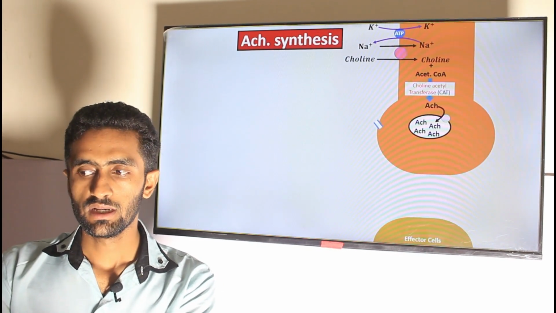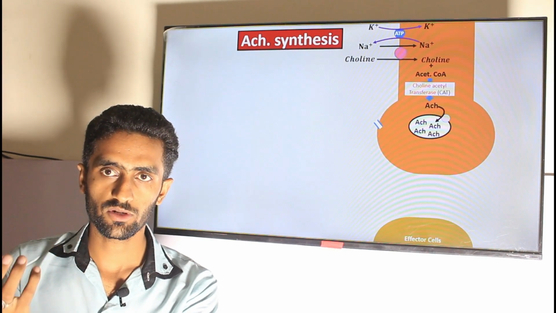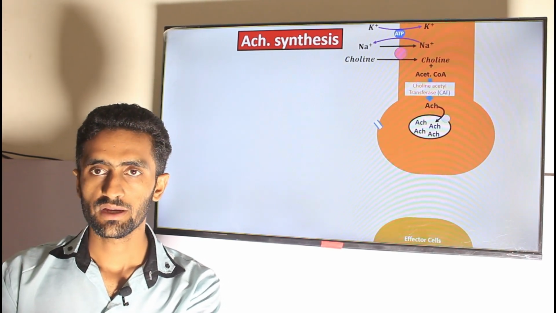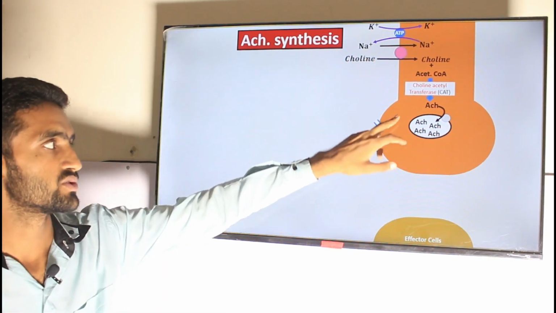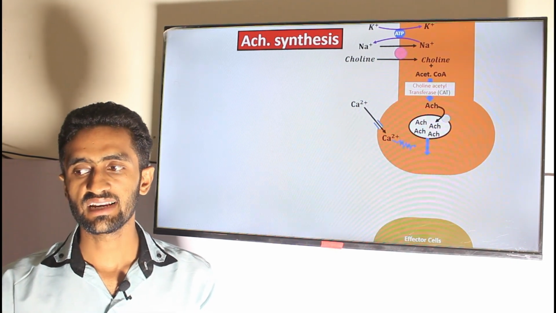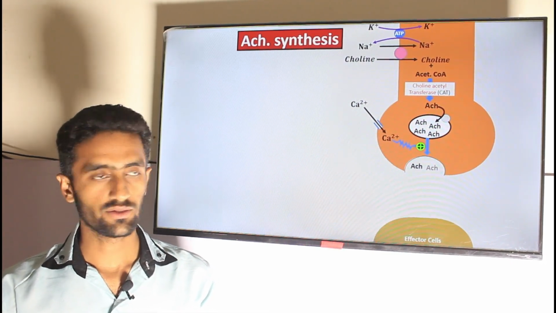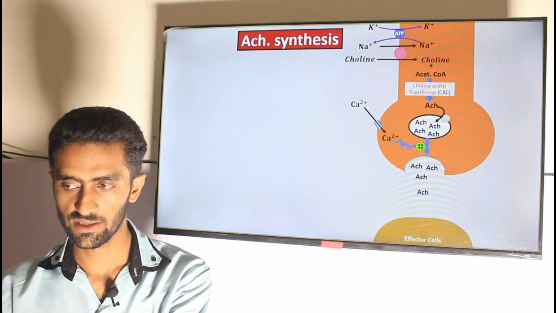Now, as neurotransmission comes, meaning depolarization happens, for example you have sent the signal, the calcium channel opens. The calcium entry causes the release of acetylcholine into the synaptic cleft. Okay, so this is the basic synthesis.